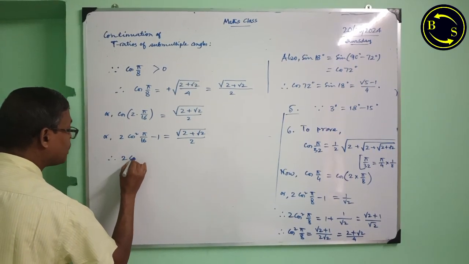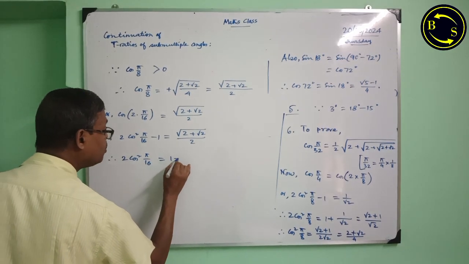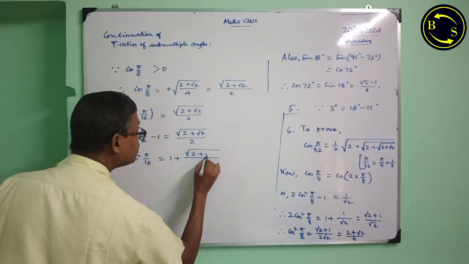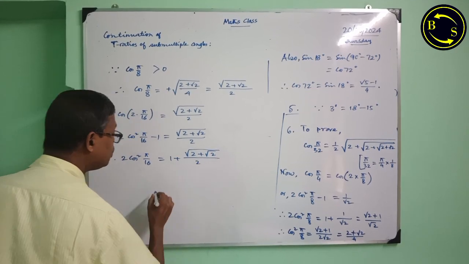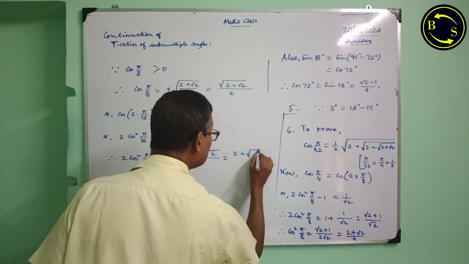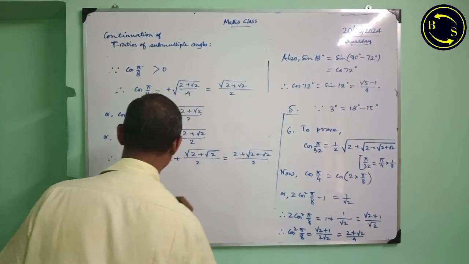Therefore 2 cos square pi by 16 is equal to 1 plus square root 2 plus root 2 by 2, that is 2 plus square root 2 plus root 2 by 2.